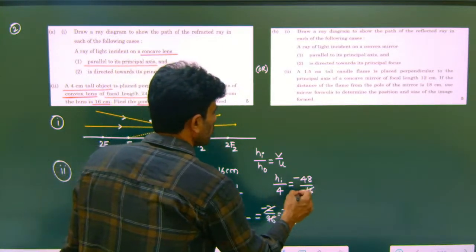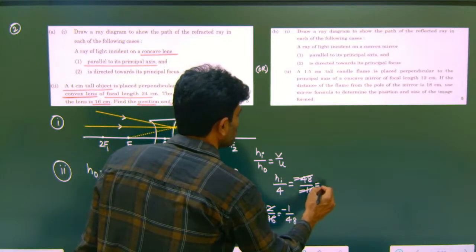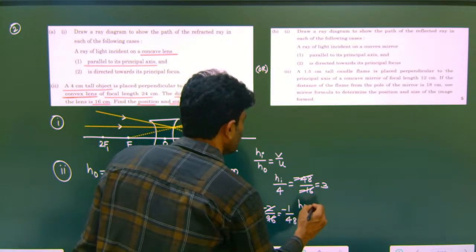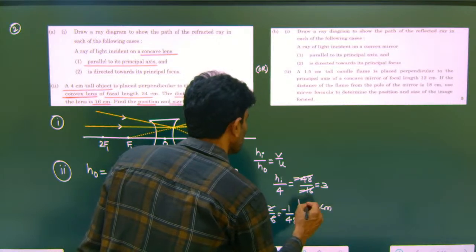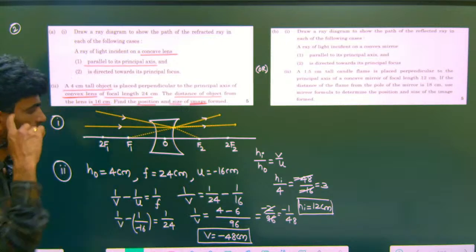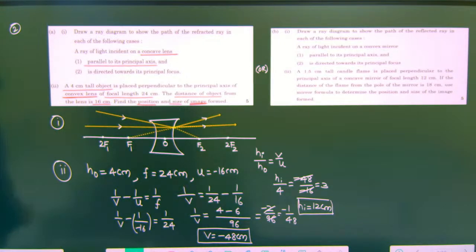Both will be cancelled, which is 3. So HI is equal to 3 fours are 12 centimeters. Is it okay? Can you see it clearly?